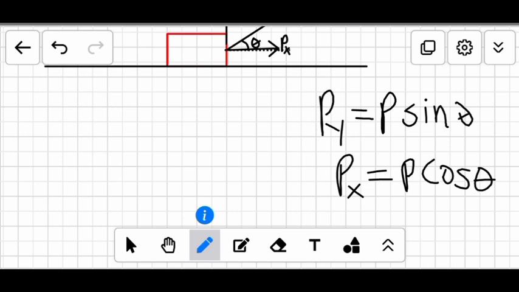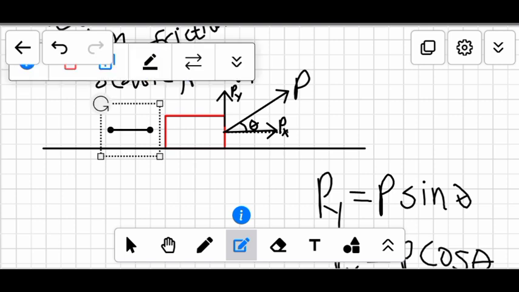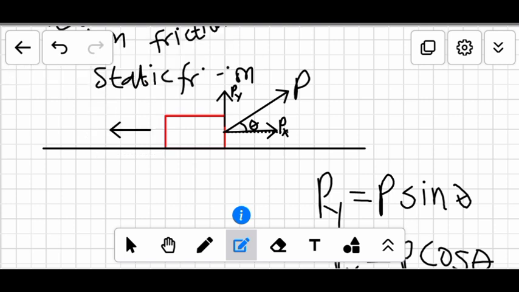So now let us analyze straight away. You would see that the horizontal component is acting parallel to the plane. Just like the frictional force, which acts in the opposite direction. The frictional force will also act parallel to the plane, in this direction.